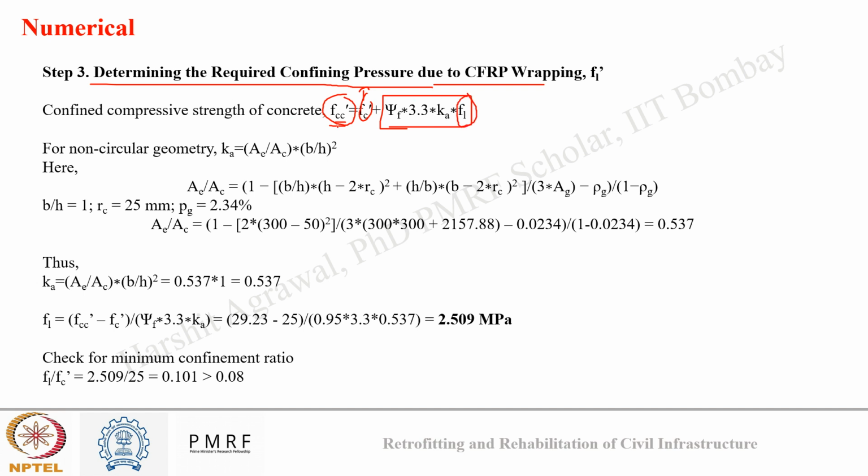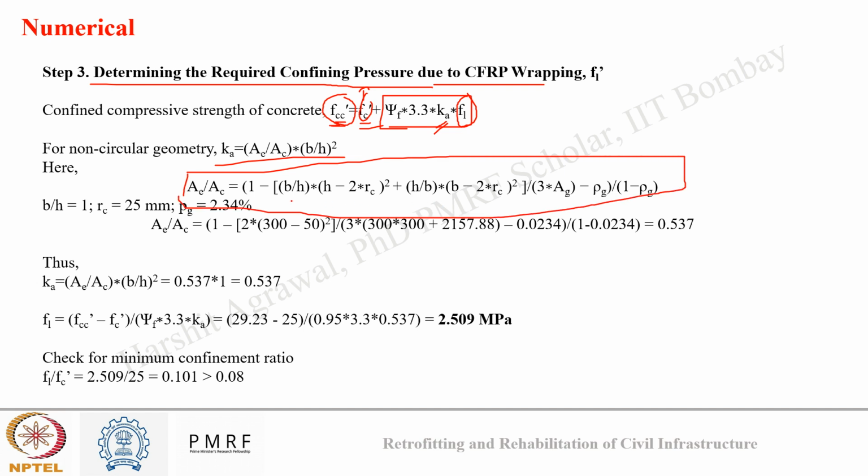We know f'cc we calculated in the previous slide, f'c we know, I need to calculate fl. Before calculating fl, I need to calculate k also, the bond reduction factor due to geometry. So k is given by this equation, and Ae by Ac we saw the relationship that governs it.